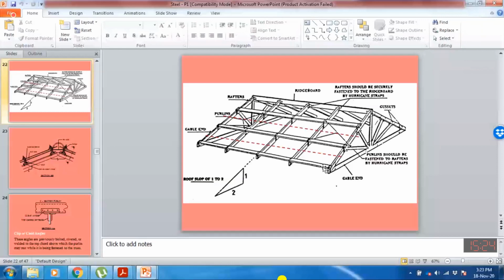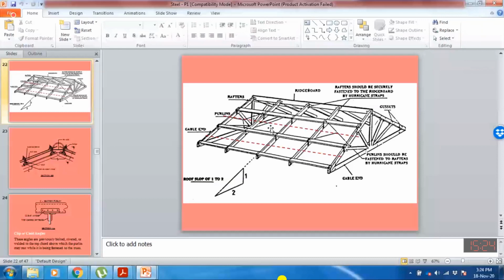And then how many of these areas do we have? 1, 2, 3, 4. If we are having 5 trusses, then the number of trusses minus 1, multiplied by the area between two trusses, will be equal to the total inclined area on one side. And then we will multiply with 2 because we also need to cover the inclined area on the other side.